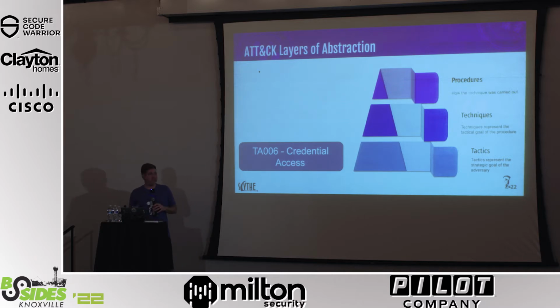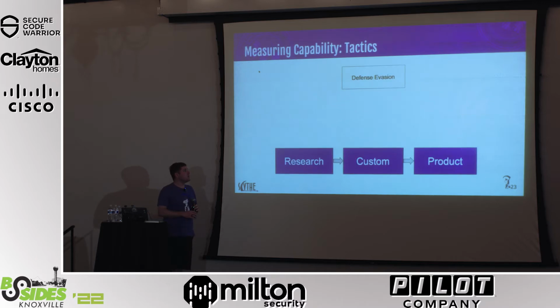Credential access is an example of a tactic. It has this little TA number, and then T is for technique, and procedures really don't have a mapping. We'll talk a little bit about some of the challenges of that later. But when we're talking about mapping your different tactics across these, you can either map your team, you can map the tools you're using, or you can map a specific adversary.